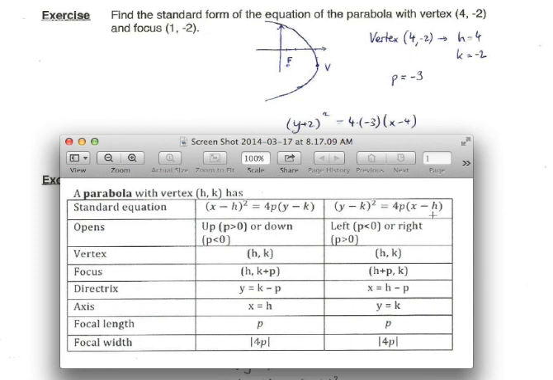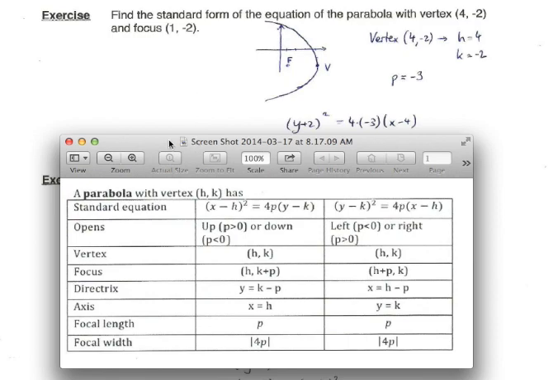And you will be given this table in any quiz or test with just 1 or 2 things missing that you'll need to learn, but most of it will be given. For example, the focus, if a parabola opens right, will be h plus p, k. You don't need to know that by heart, it'll be given to you.